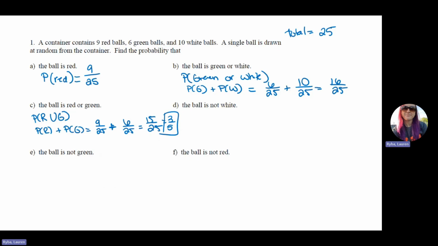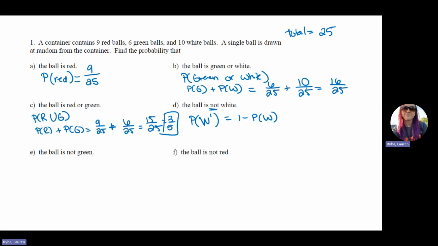Next one asks the probability the ball is not white. So this is asking for the probability of white complement. That's where you put that little apostrophe, and we don't want white. So this is found by 1 minus the probability of white.